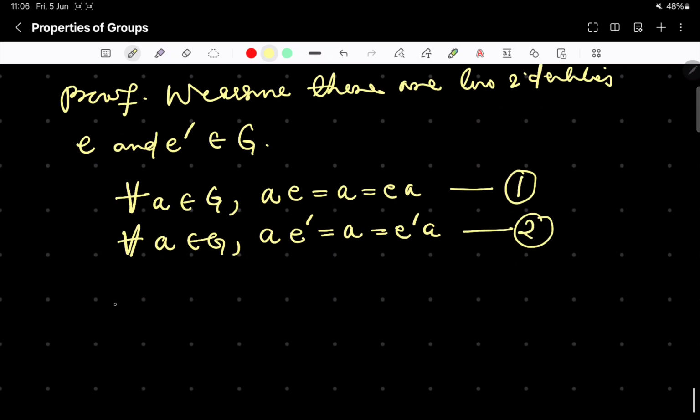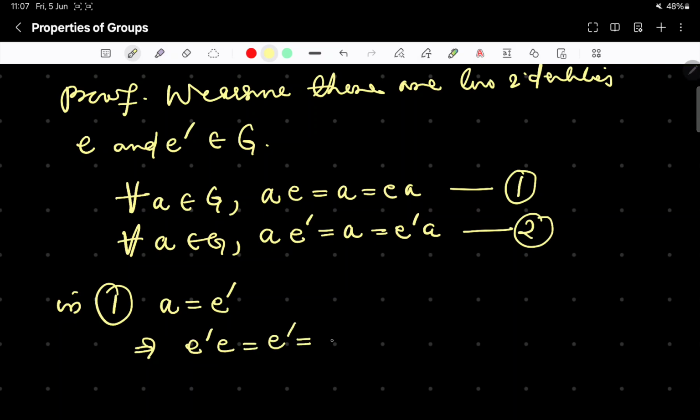Now you can see in 1 it is for every A in G. So E and E dash are now in G. So let's put A is equal to E dash, right? Then what happens? This implies E dash E is equal to E dash is equal to E E dash.